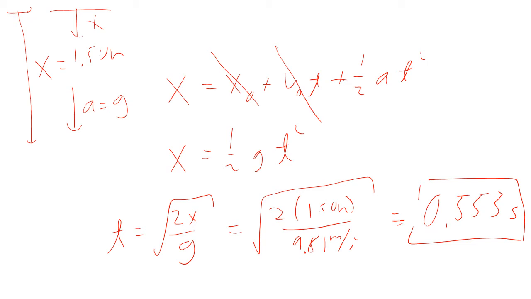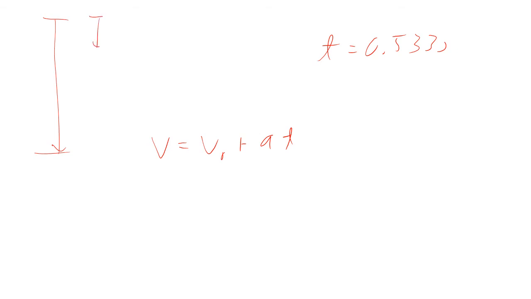And that's how long it takes to reach the ground. So my next question is, how fast is it moving when it reaches the ground? It starts up here, falls down here. I just calculated that t is 0.533 seconds. I know the derivative of our equation is v equals v naught plus at. Now, if my origin is up here and down is positive, then acceleration is g and v naught is 0, so this is just g times t.